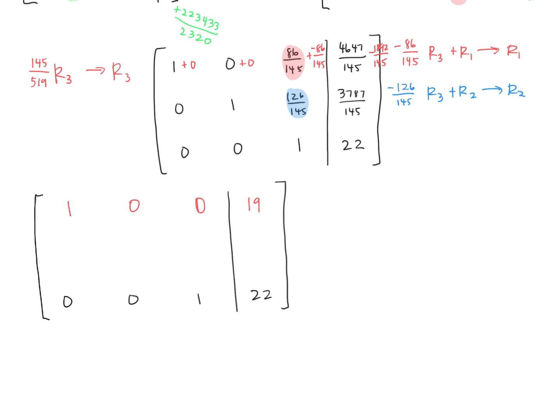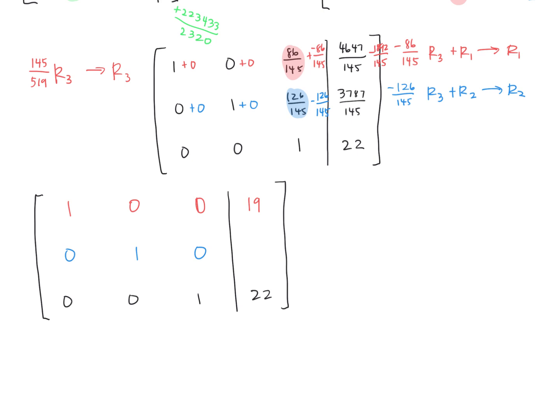And now I'm going to go through and do the same thing with row 2. So I'm going to multiply row 3 times negative 126 over 145. So anything times 0 is 0. 0 plus 0 is 0. Add 0 to 1, we get 1. Negative 126 over 145 times 1 is itself. When we add that to its opposite, we get 0.